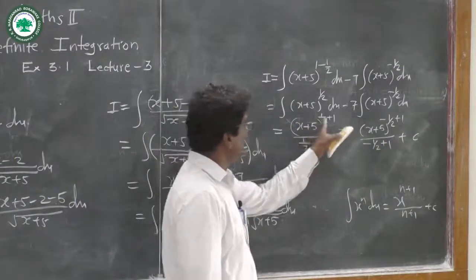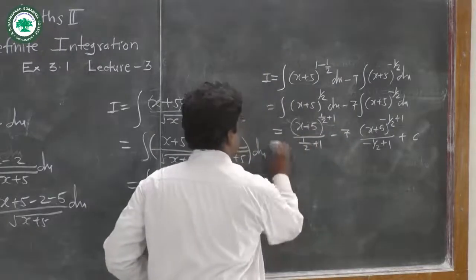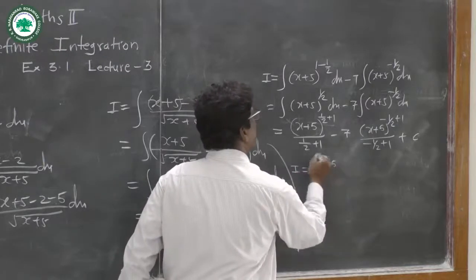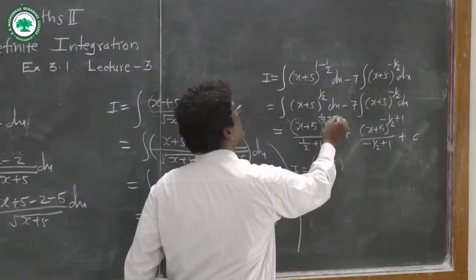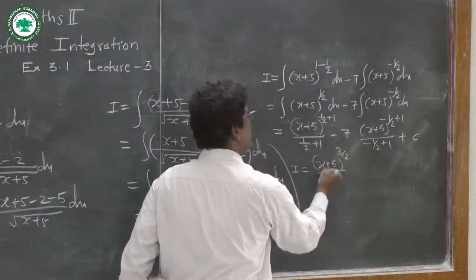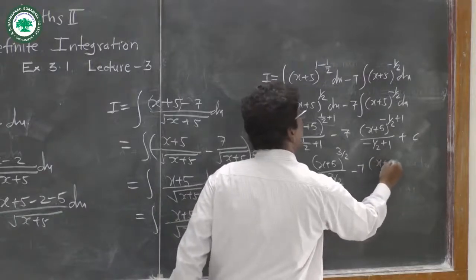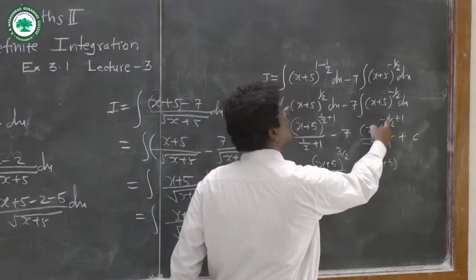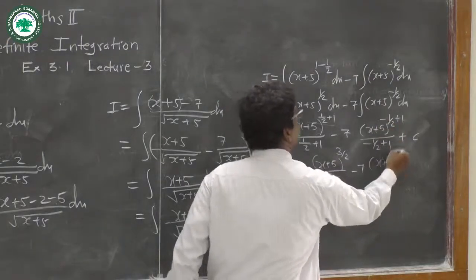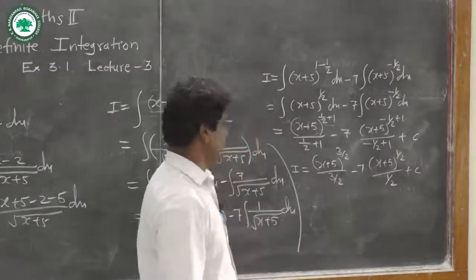Now we take this addition, 1/2 plus 1, here also 1/2 plus 1. So we get I is equal to x plus 5 to the power 1 plus 1/2, which is 3/2, divided by the same number 3/2, minus 7, here x plus 5 to the power minus 1/2 plus 1, which is 1/2, divided by the same number 1/2, plus the constant of integration.